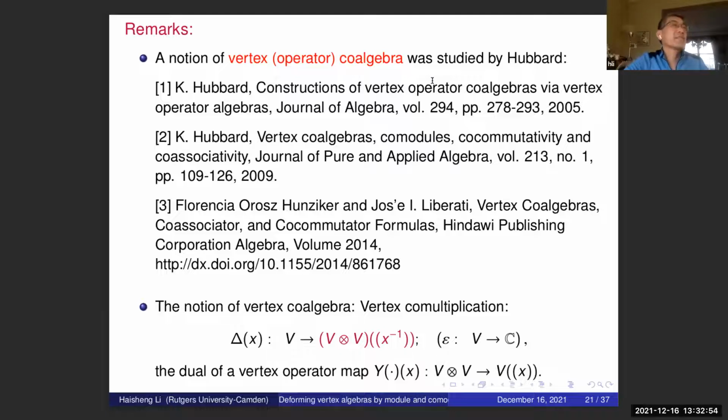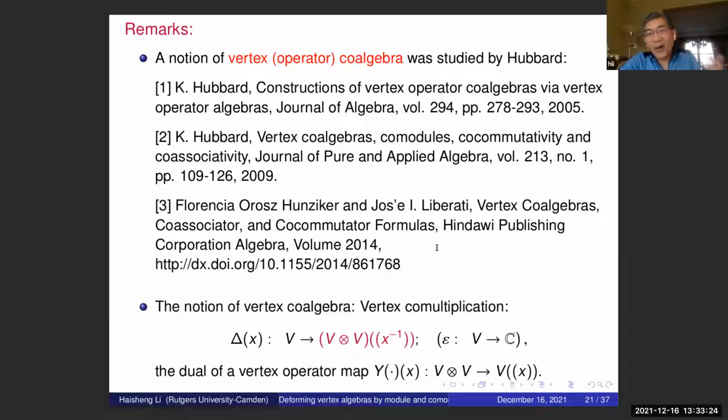Here I mention that vertex operator coalgebra was studied by Hubbard. So the first two papers there. Basically just a coalgebra structure is just to consider the dual of a vertex operator algebra, purely just a dual. And when I was preparing the lecture, I also realized Florence also had this interesting paper.